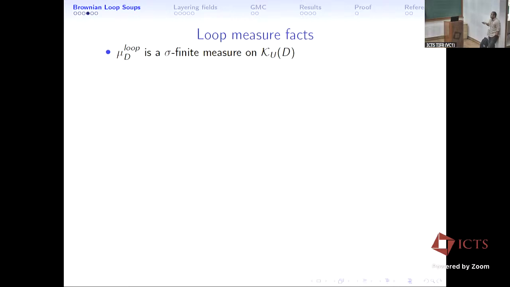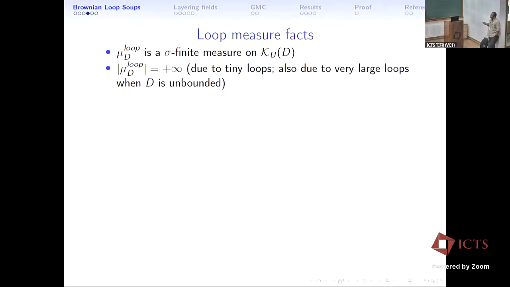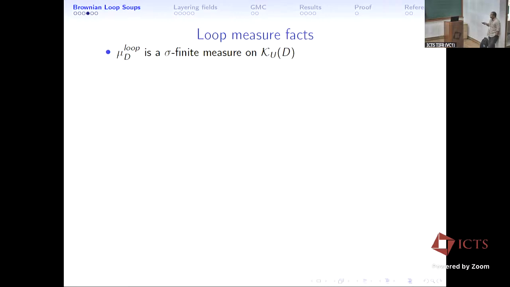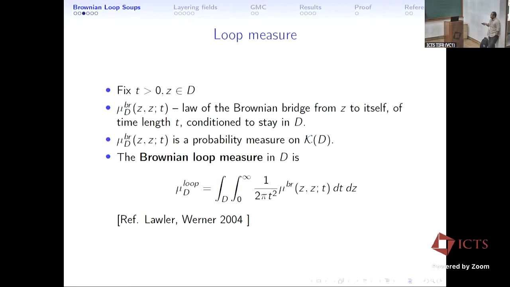Okay, so here are some facts. Just stop me if something is unclear anytime. This is a sigma-finite measure on the space of all unrooted loops, but it has infinite mass, because this integral is not finite at 0.